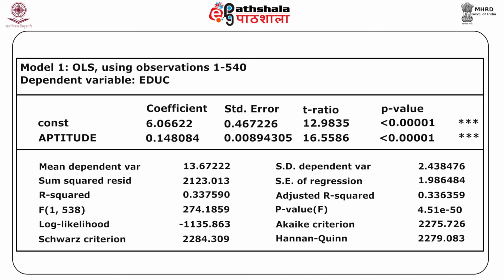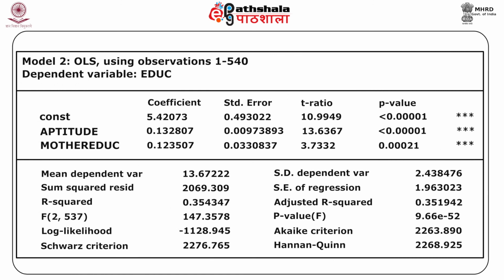Now those variables could be both observable or unobservable, and maybe we do not know what these variables are. Let us add another variable that could explain the dependent variable. And so we have model 2. We are again using OLS, and we have the same number of observations and the same dependent variable, education.